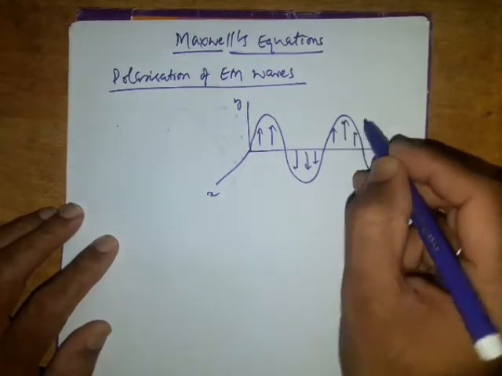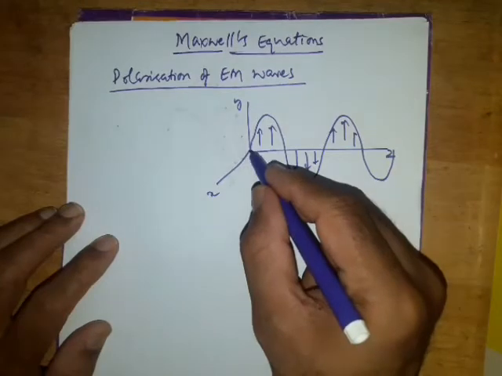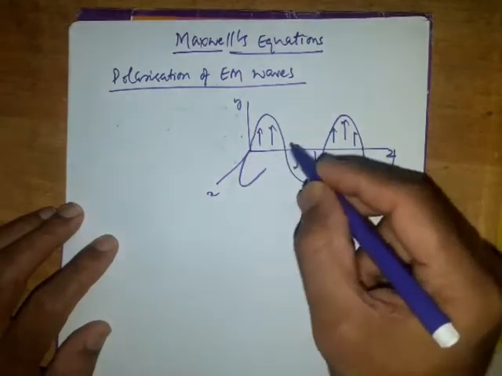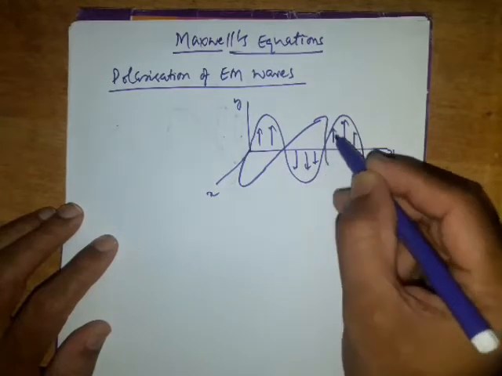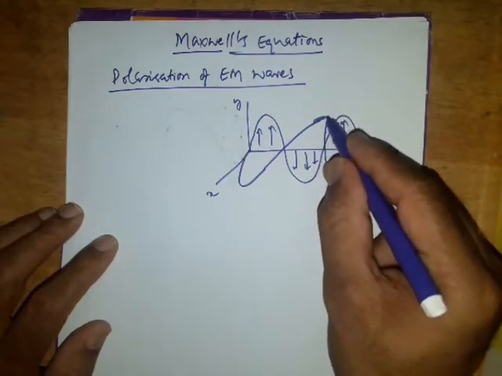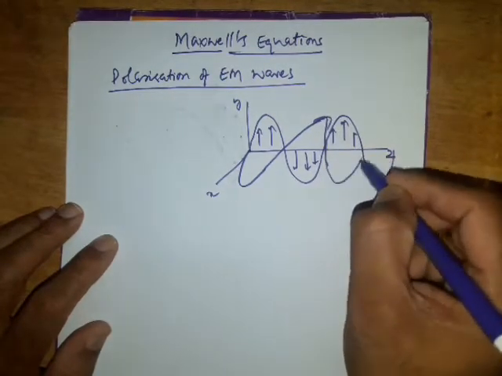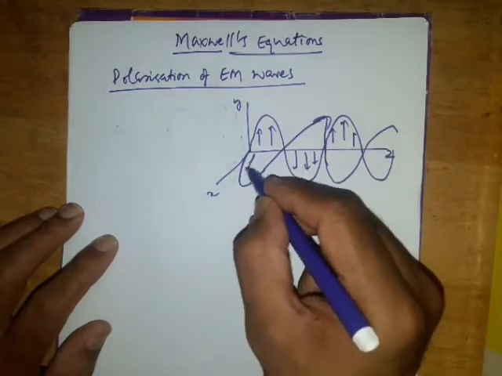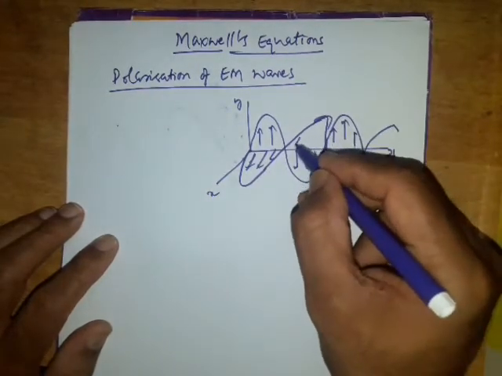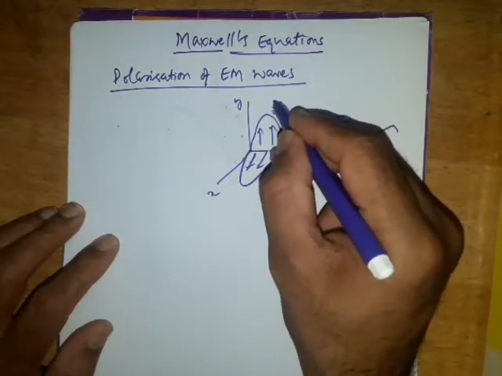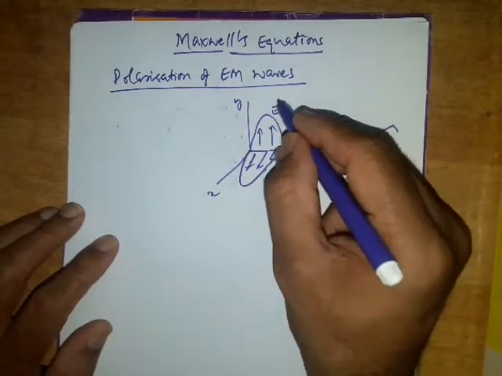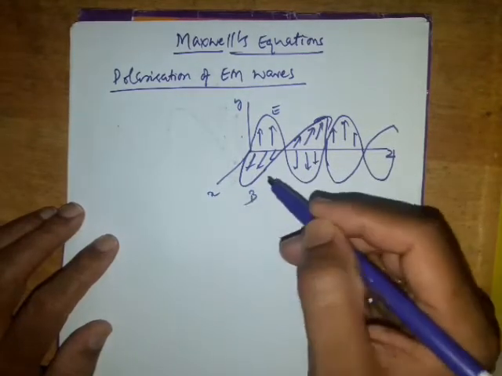Another one is the magnetic field vector, which is vibrating along the x-axis. I represent this one as E, and this is the magnetic field B.